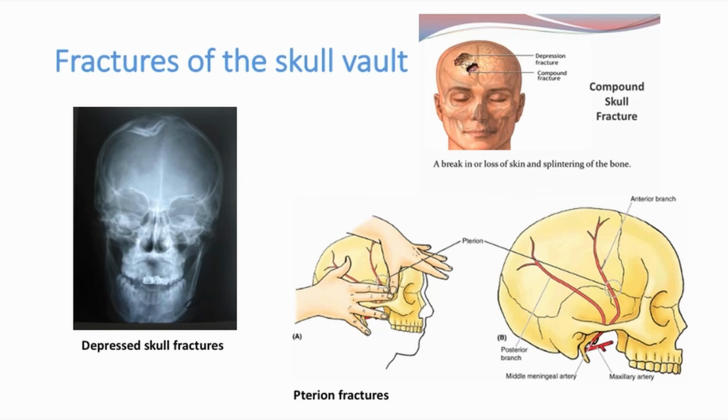What's dangerous about that is that the depressed bony fragment is pushing into certain structures of the brain. You can get primary brain injury from these fractures, as well as hematoma formation. That's about all I have on this slide.